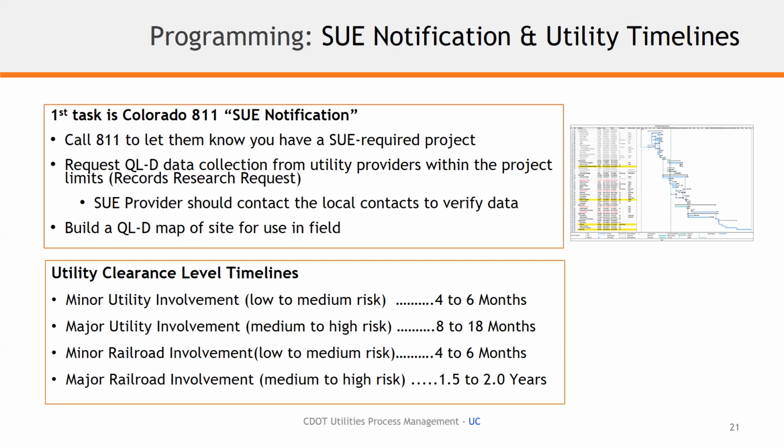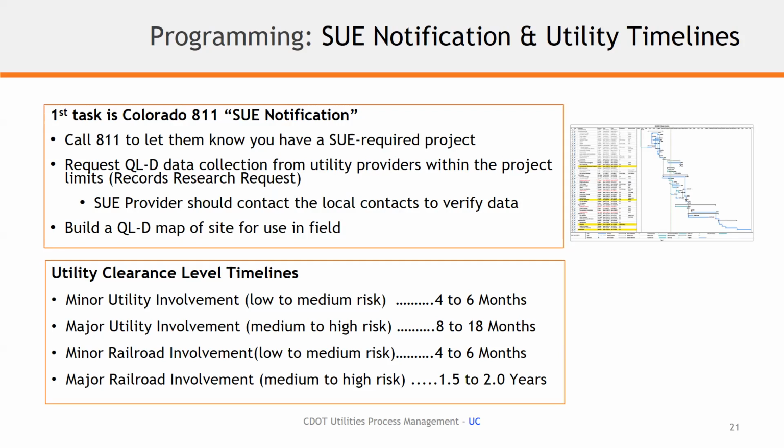Again, earlier we spoke about low being a chip seal, resurfacing to medium risk, signal project of that nature. It would typically be a 4 to 6 month process to get to clearance from this stage, programming, scoping to ad.